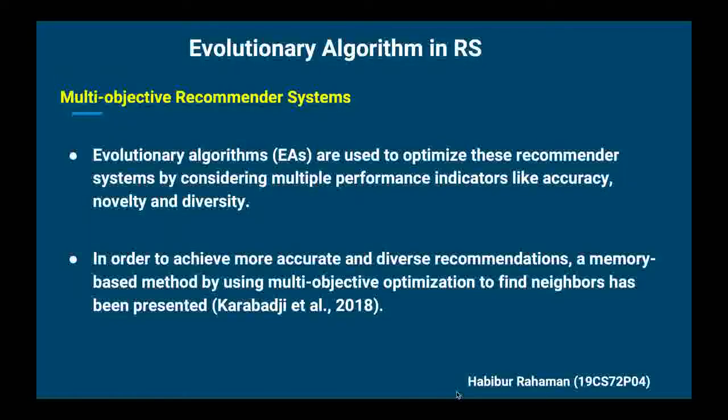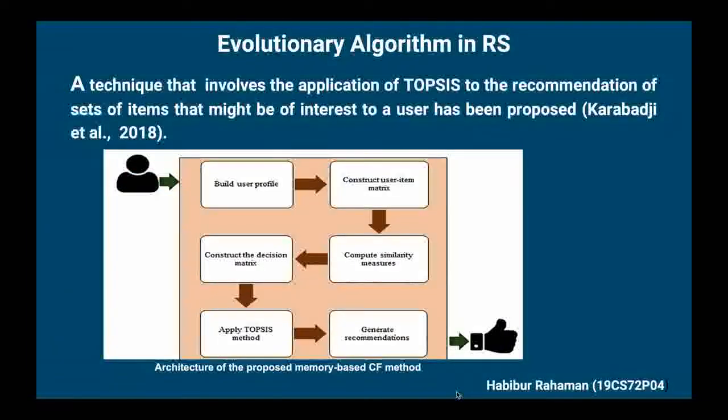A memory-based method using multi-objective optimization to find users was presented by Karabazi in the year 2018. A technique that has been applied for the application of TOPSIS to the recommender system was proposed by Karabazi in 2018. So this goes as follows.